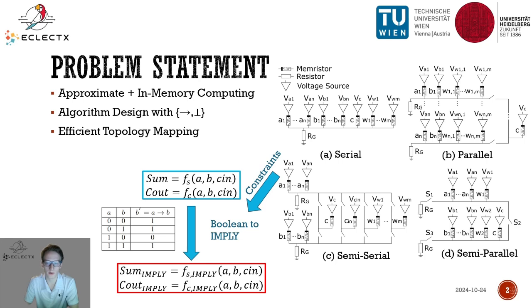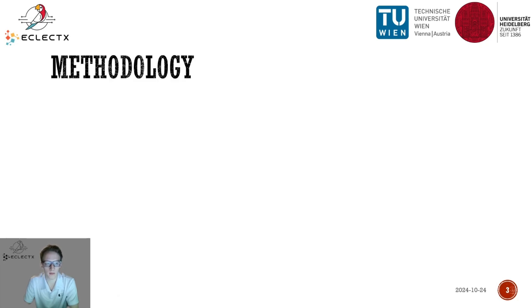They also have different constraints, such as the available number of computational areas, the number of memristors, and the connectivity, as you can see here with the switches. We also have to consider that we want to have gains on the application level, such as reduced energy consumption or reduced latency. So how are we actually implementing this?